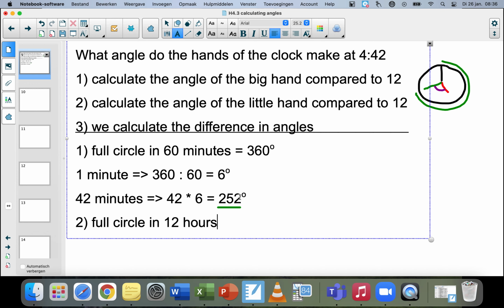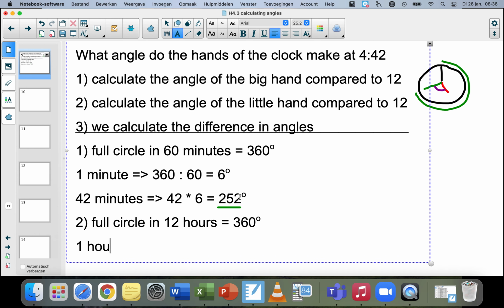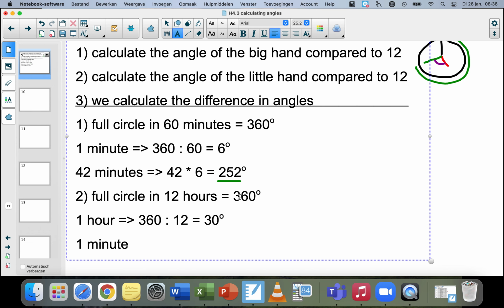So in 12 hours it does a full circle of 360 degrees, which means that in 1 hour it does 360 divided by 12, 30 degrees, and in 1 minute, because we'll need both, it does 30 degrees divided by 60 because an hour is 60 minutes. So every minute it goes 0.5 degrees.